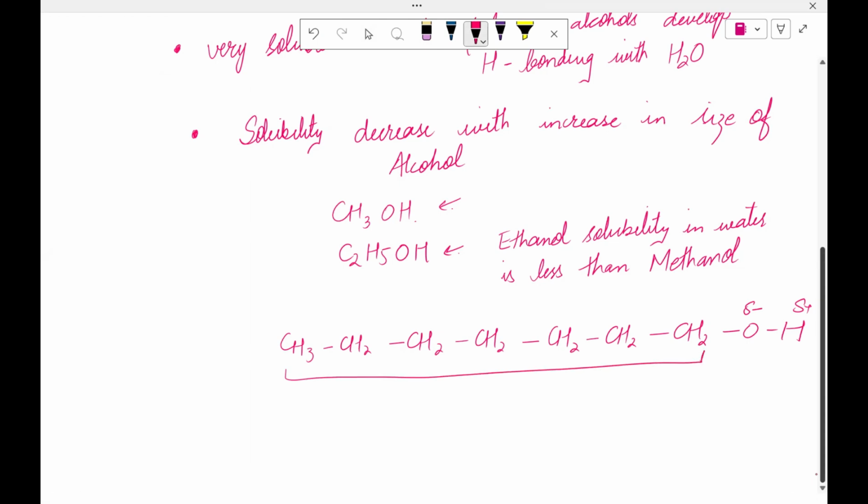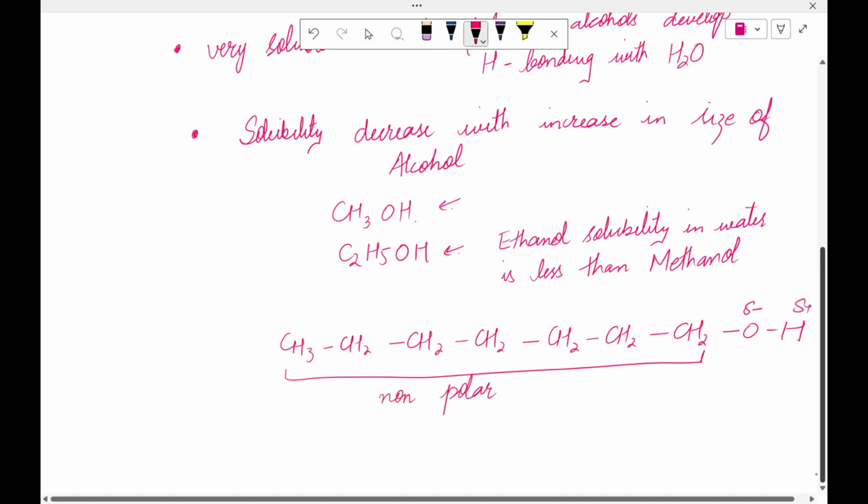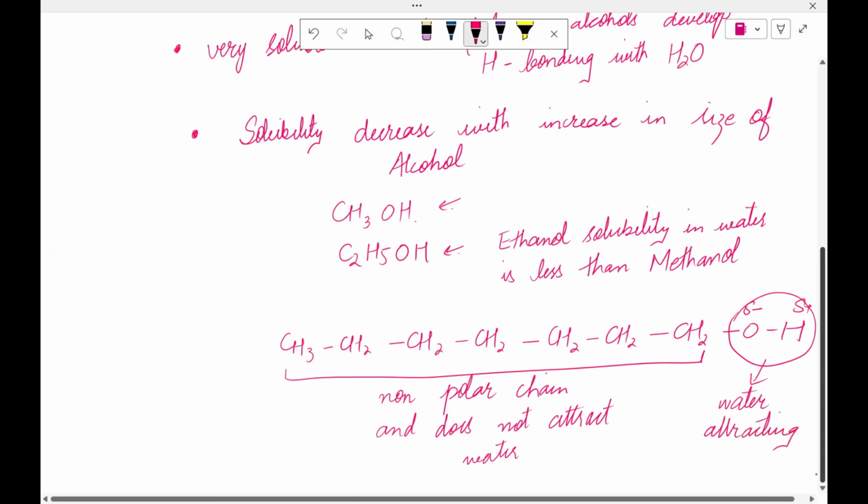It is a non-polar chain and does not attract water. However, only this part, the OH, is water attracting. Is that clear, Sultan? Yes.